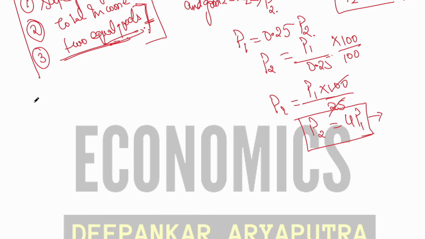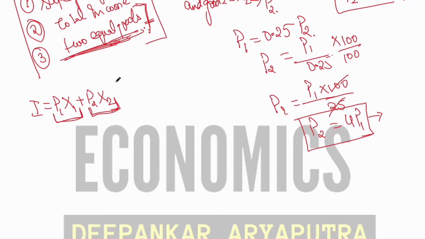We know that income, or your budget line, is equal to p1 x1 plus p2 x2. This is the amount spent on good x1, and this is the amount spent on good 2 at the price p2. One important piece of information that has been given is that the amount is spent on two equal goods.